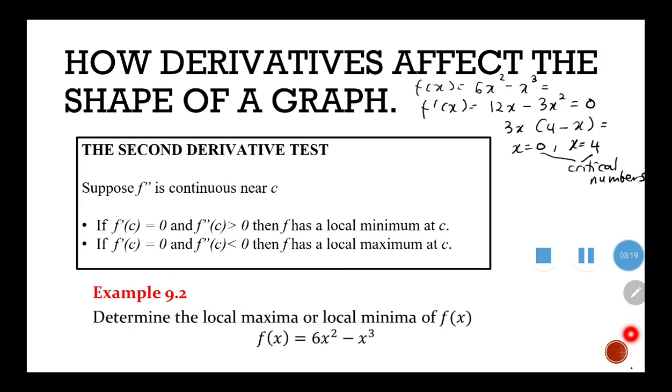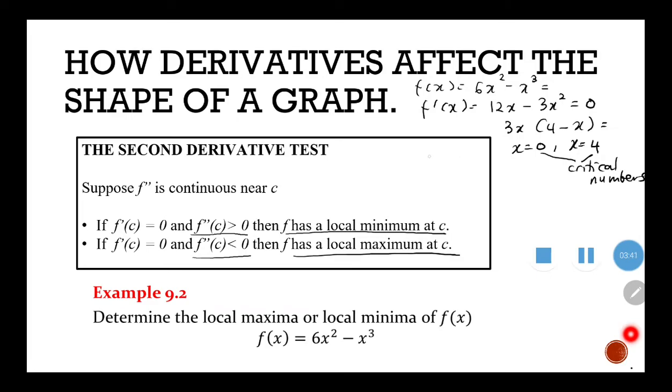Okay, now that's settled. If f double prime at the critical number is larger than 0, then f has a local minimum at C. And if f double prime at the critical number is less than 0, then f has a local maximum at C.